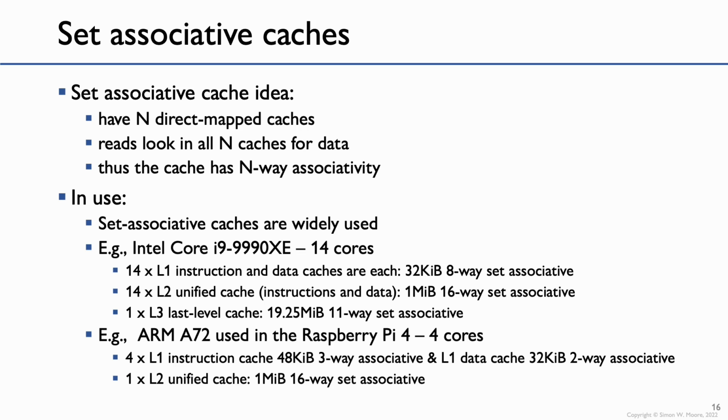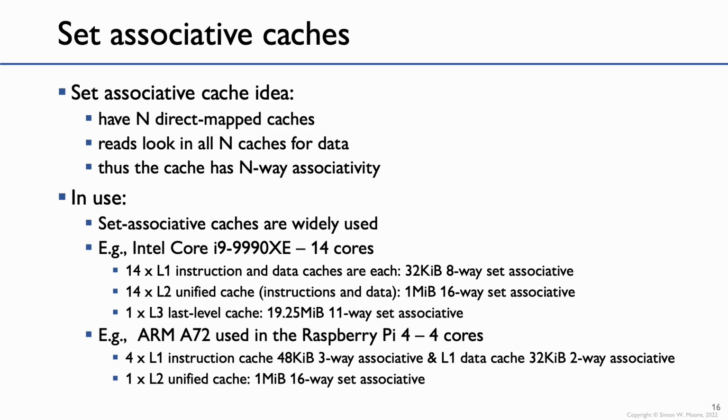Set associative caches turn out to be a really good compromise, and they're very widely used on commercial cores. Here are some stats for some current cores. First, a fairly high performance Intel Core i9.